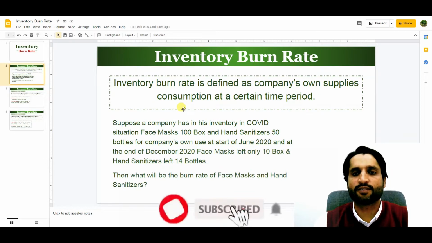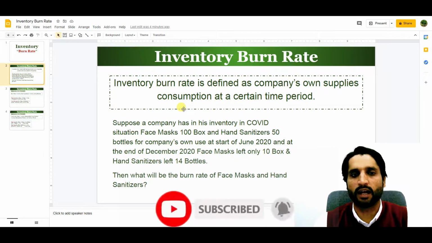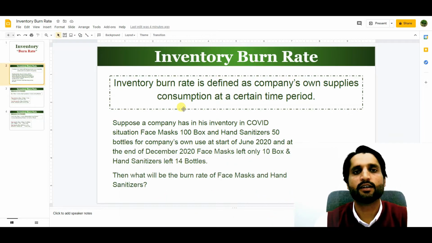Inventory burn rate is defined as a company's own supplies consumption in a certain time period. Like every company is using stationery for its own use. So in inventory, when we are using the stationery, suppose we are using papers, it is in our inventory as an asset.